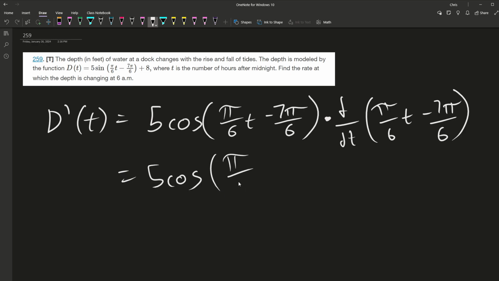Just rewriting the first part of the function. Remember that pi is just a number. So the derivative of pi over 6 times t minus 7 pi over 6 is just going to be this pi over 6 part, because it's the only part that had a t involved.